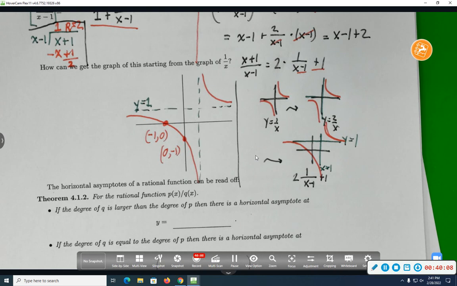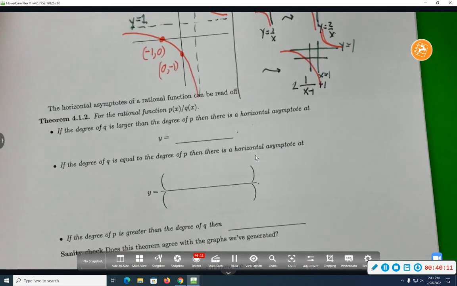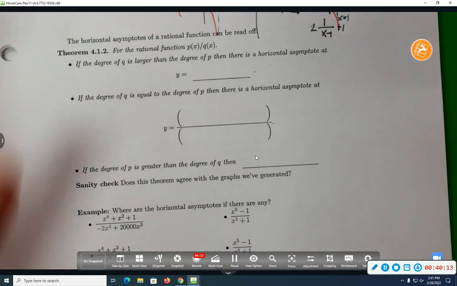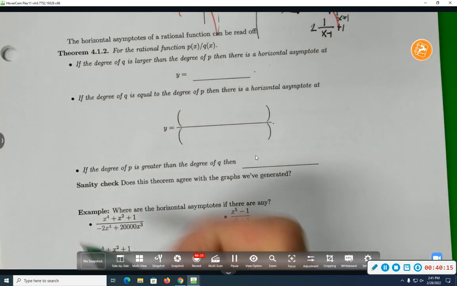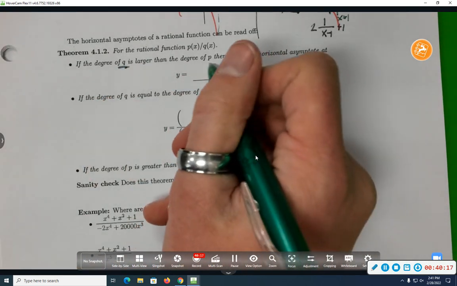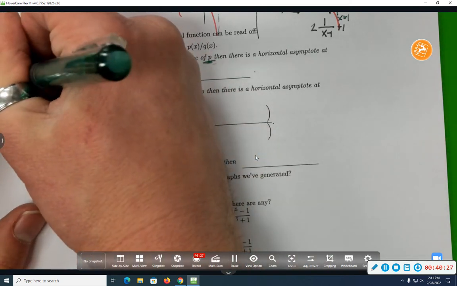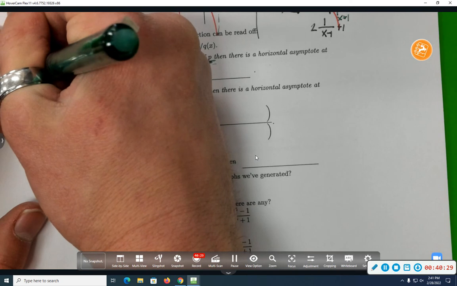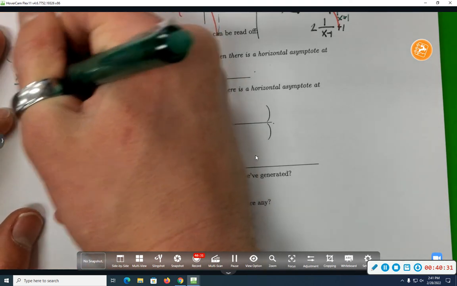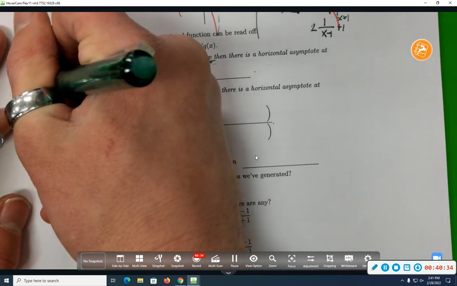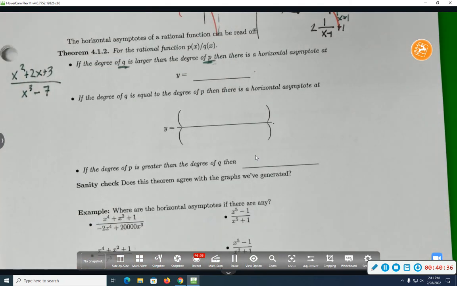There will be three cases that I'll deal with. If you have a rational function p over q, first I will ask myself, is the degree of the denominator bigger than the degree of the numerator? If so, then something will happen. So let's write down an example where the denominator beats the numerator.